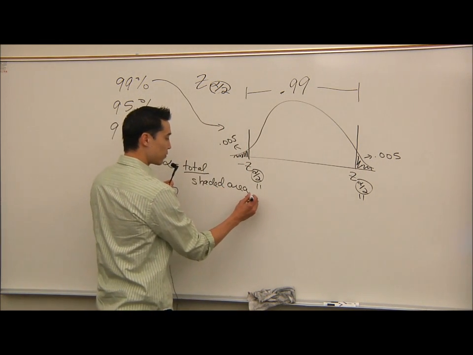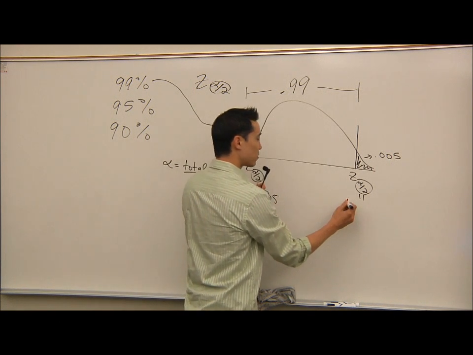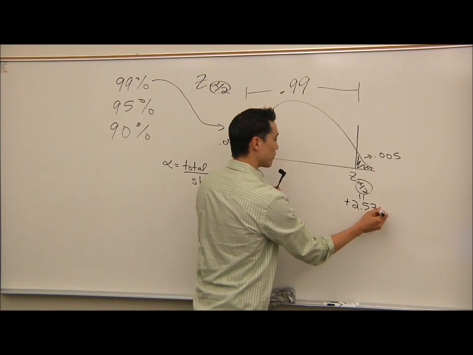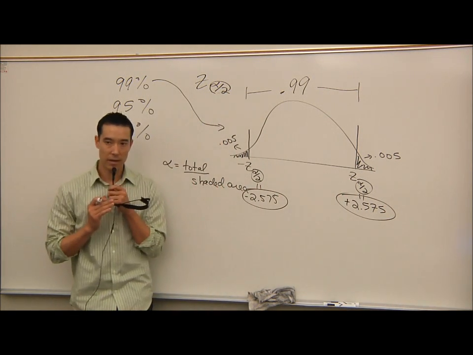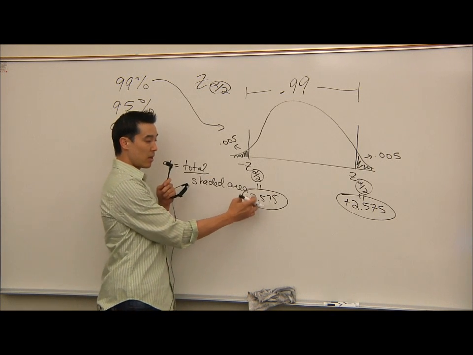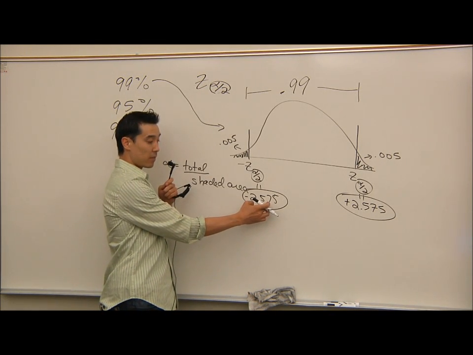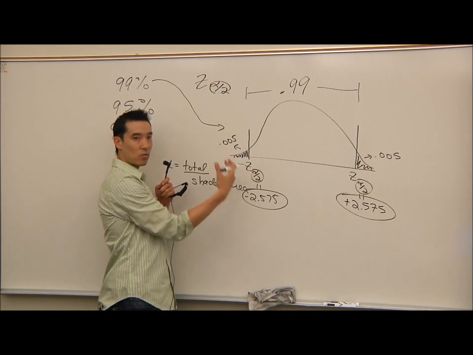So this would be negative 2.575, and because of symmetry, this would be positive 2.575. Okay? So again, if you look in your table that we have with our book, if you look at negative 2.57 and then look at negative 2.58, this area is right in between.